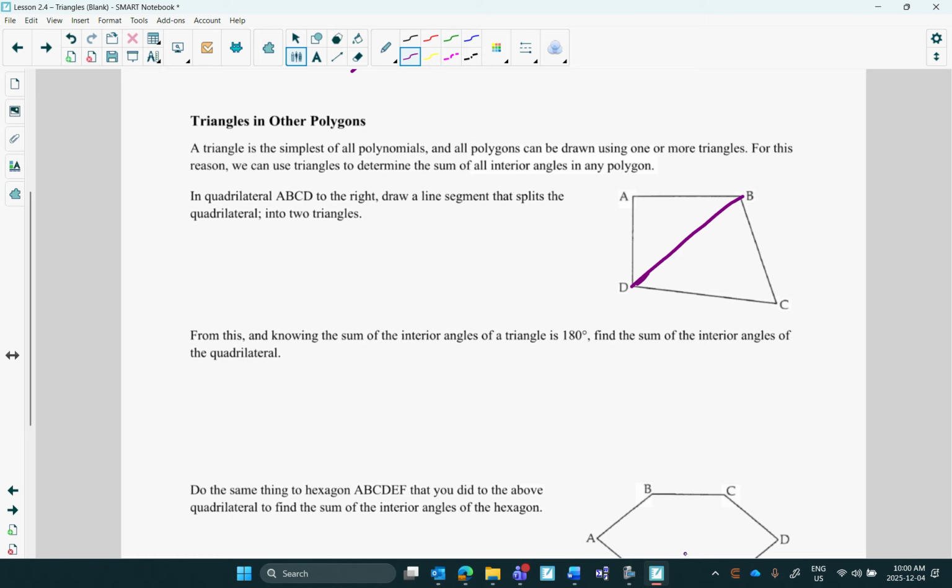Well, I know that the sum of these 3 angles is what? What's the sum of 3 angles in a triangle? 180. What's the sum of these 3 angles? 180. So together it must be 360, right?